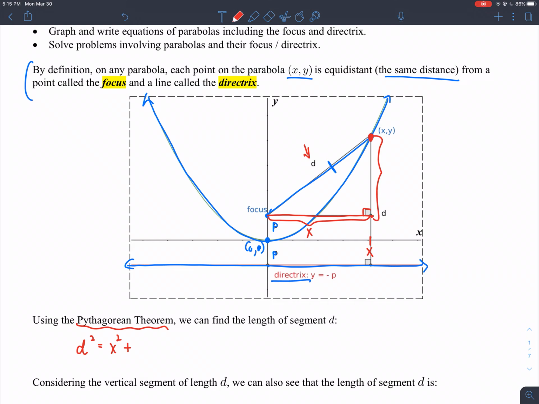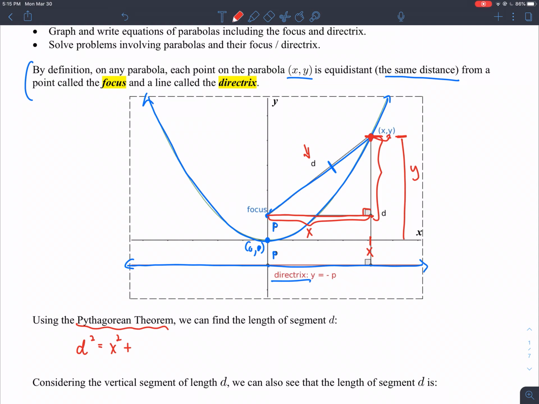That's x squared plus, and then the question is, what is this distance right here? We don't know what it is directly, but we do know that the y coordinate of this point is y. So I know that the distance from the x-axis all the way up to here is y.